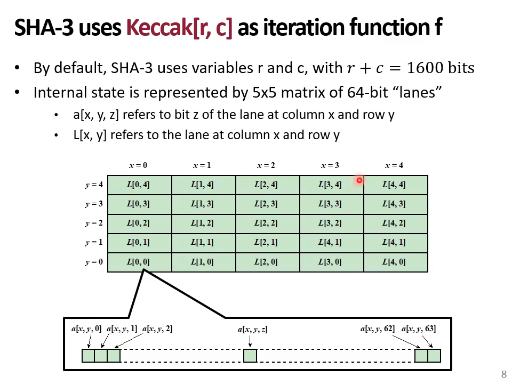The matrix has 5 columns and 5 rows. The element, so the 64-bit lane at a certain row and column, is represented by L. So this is L04. This is the lane of 64 bits at column 0, row 4.